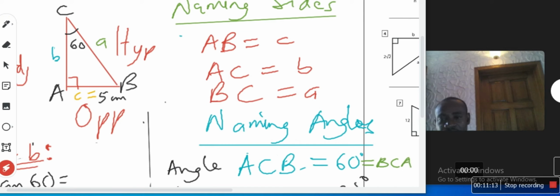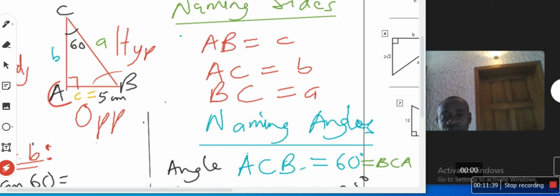Tell me how you can name this 90 degrees here. BAC. Or how else can you name it? CAB, the same thing. What will be the value of this angle? ABC or CBA.